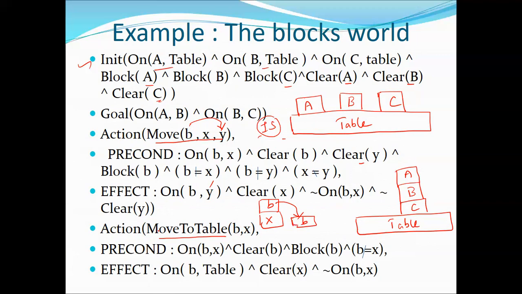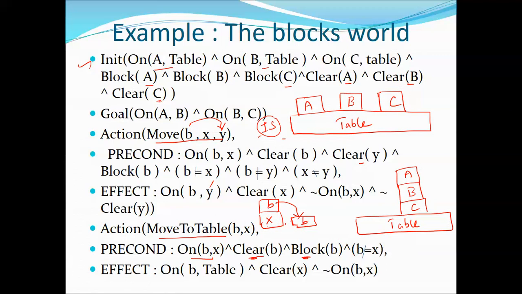Now for applying this action, what is the precondition? First precondition is B should be on X. And next, there should not be anything on top of B, so B should be cleared, and B should be a block, and B should not be equal to X. Both B and X should not be the same.